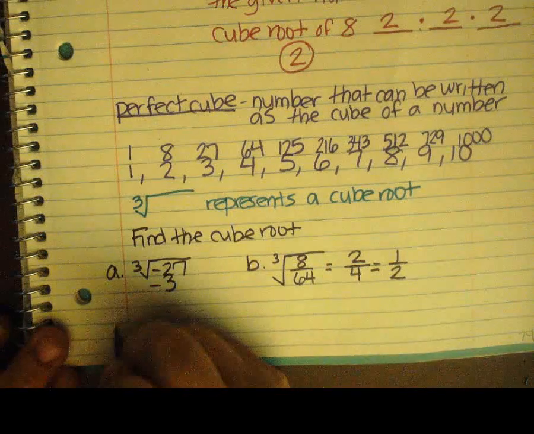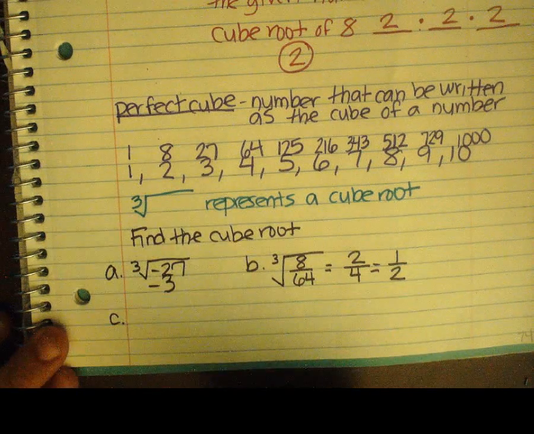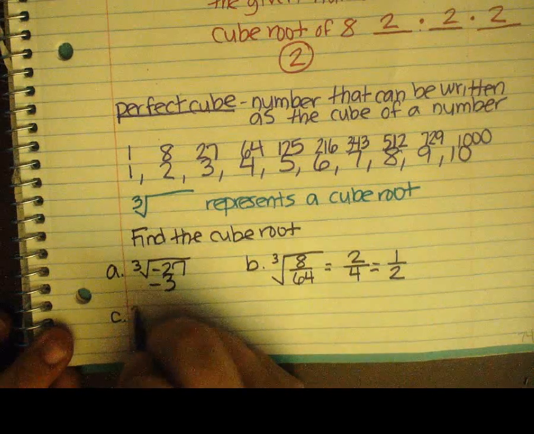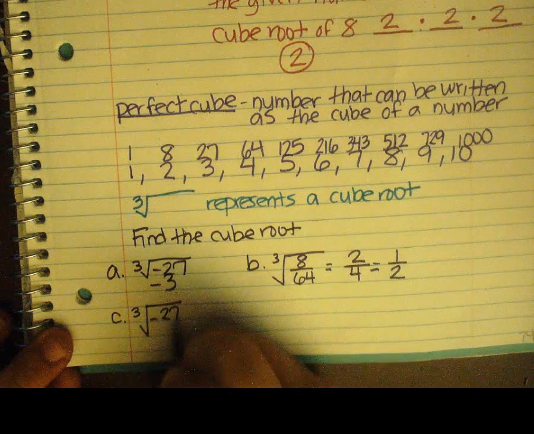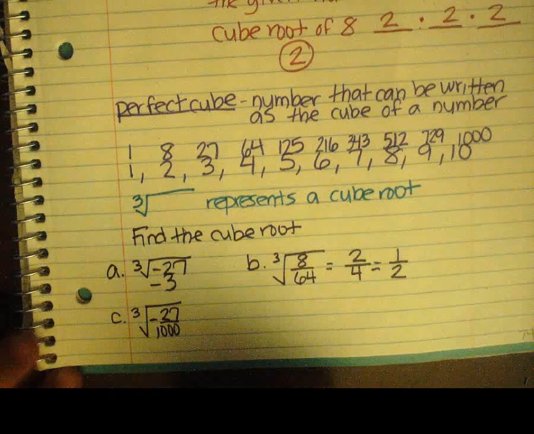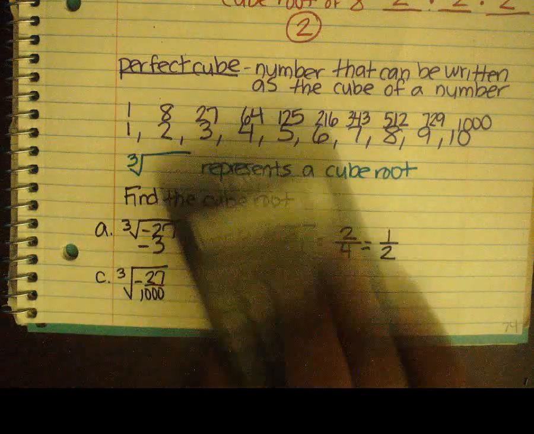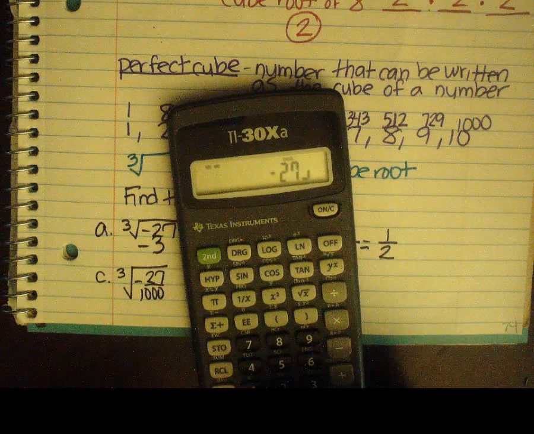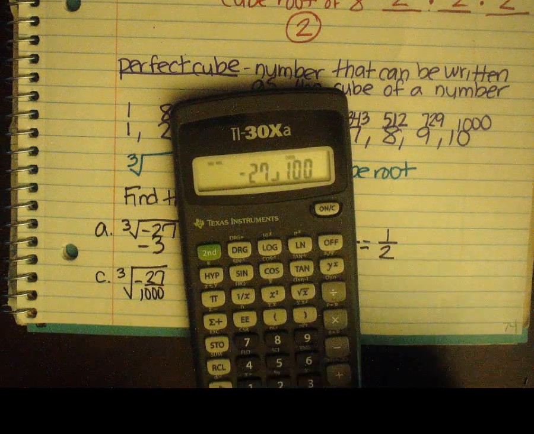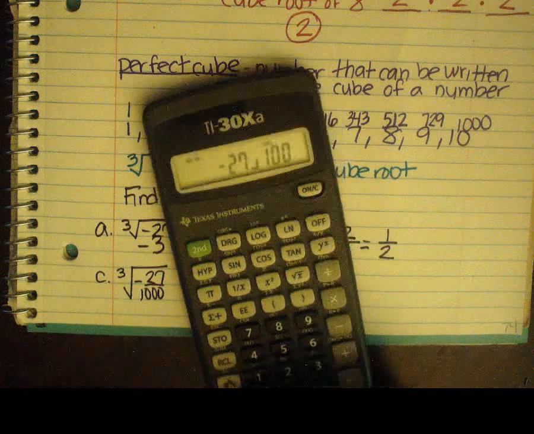Let's try this one. Cube root of -27 over 1,000. Go to your calculator, guys. 27 negative over 1,000. Well, it won't let me do that.